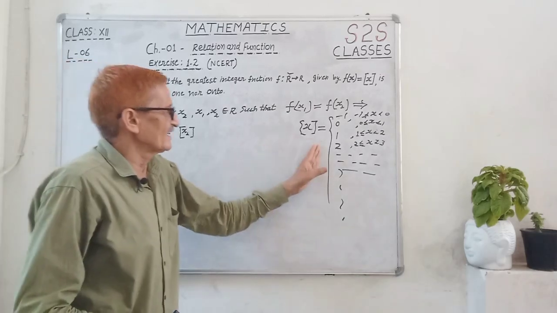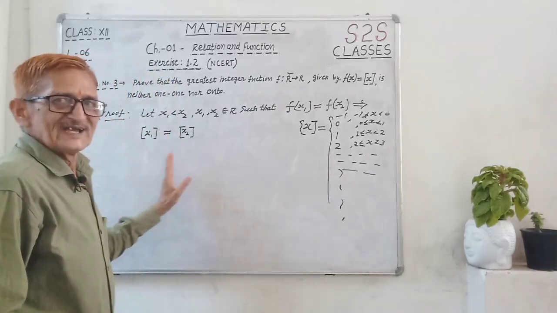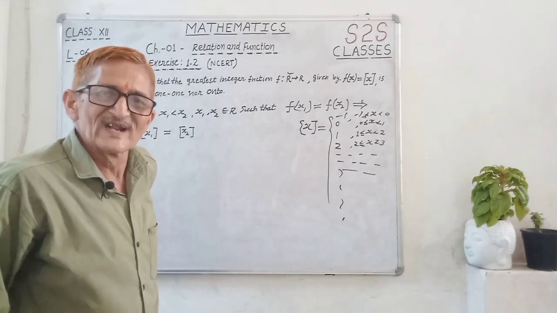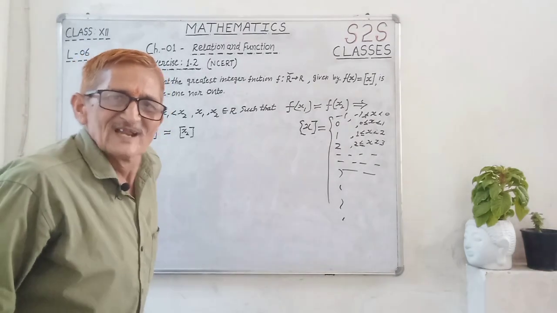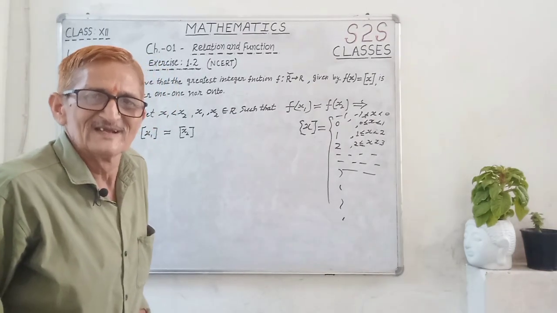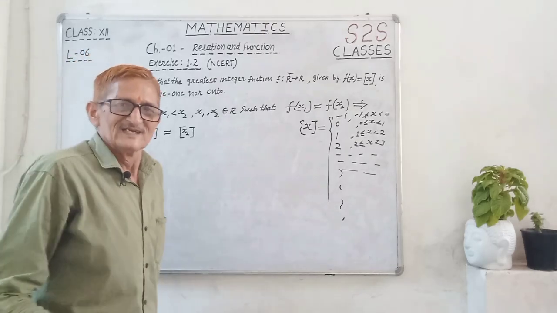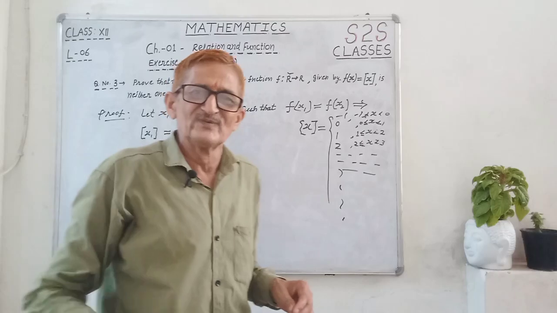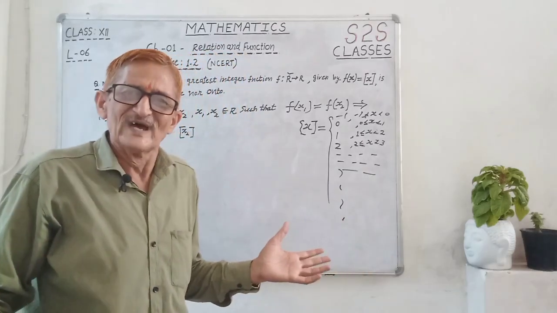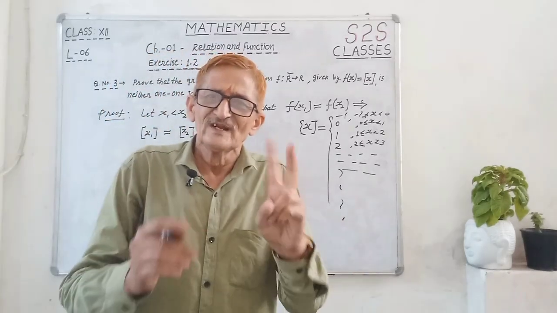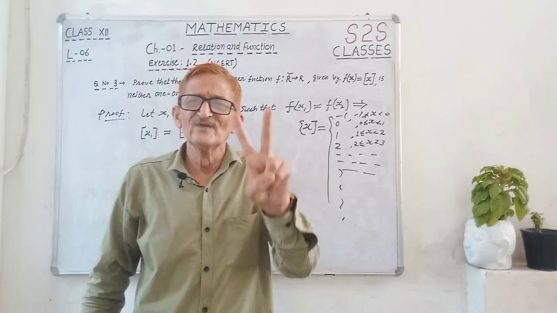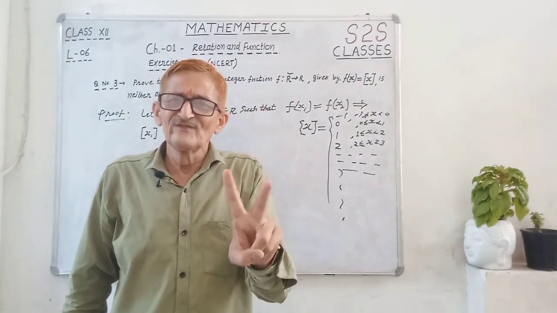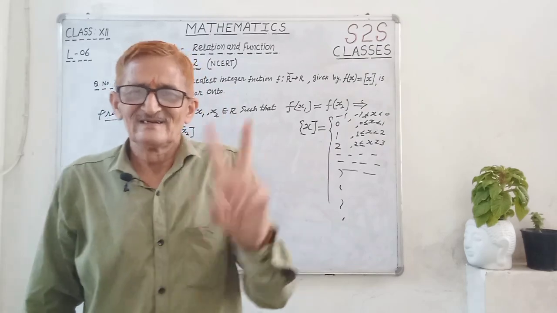So use this definition to find x1 and x2. x1, x2 we are taking as any two different real numbers. Real number means you can take any real number. Suppose you take one between 2 and 3, and another between 3 and 4, they are different. Many real numbers are there between two nearest integers. Infinite real numbers are there between every two integers.